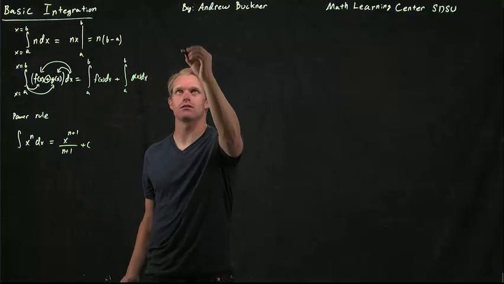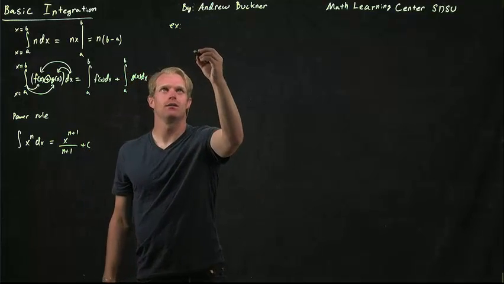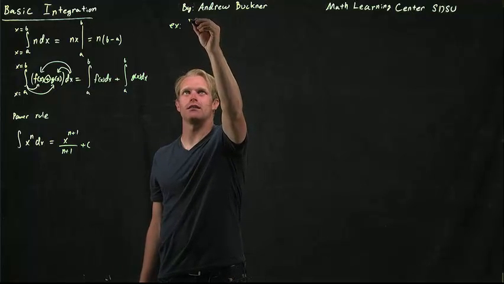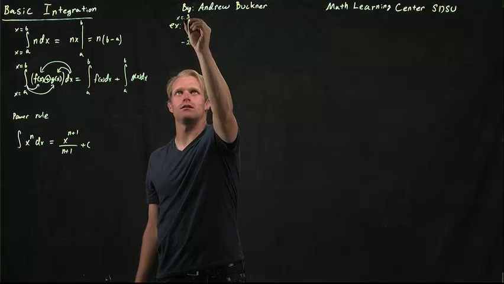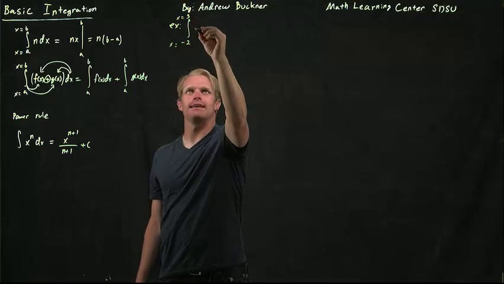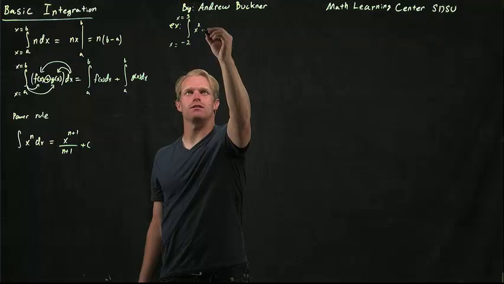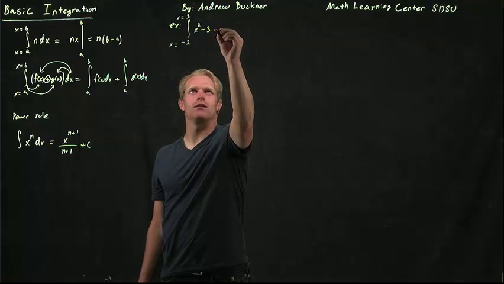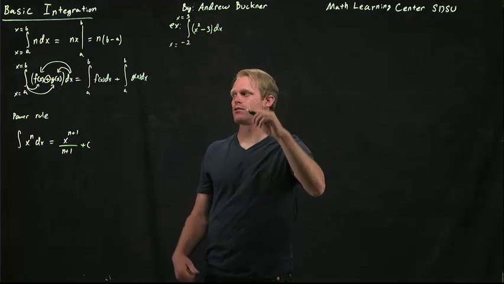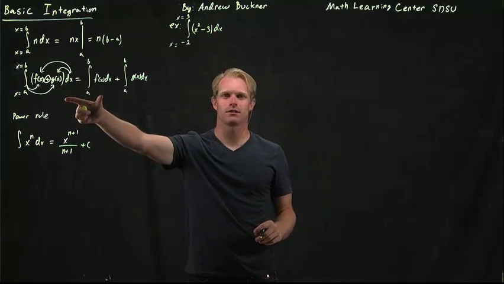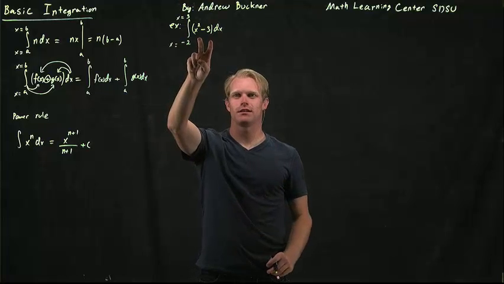So let's go ahead and do an example where we show the integral from -2 to 3 of the function x squared minus 3 dx. Using the second property that we stated before, we're going to apply that here.